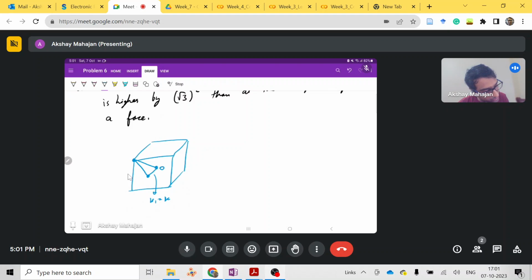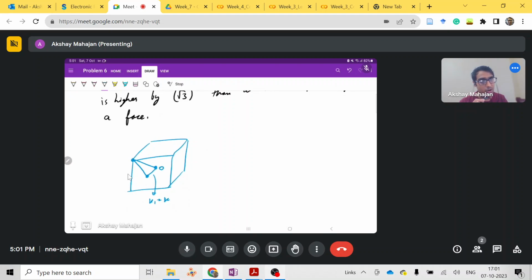Then we can calculate that. It's difficult to show in 3D, but basically you know that the body diagonal is root 3 times the total length a.